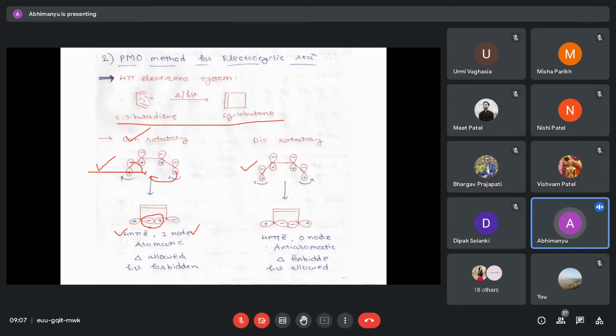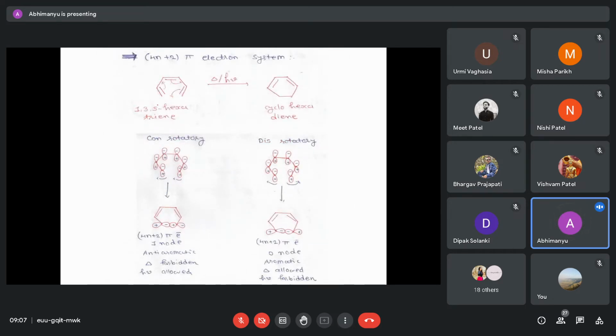So the conrotatory system for a 4n pi electron system becomes aromatic, and hence we can say that it is thermally allowed. And in disrotatory, bond formation is possible. So for 4n pi electrons, zero node, the disrotatory system is anti-aromatic and hv allowed.